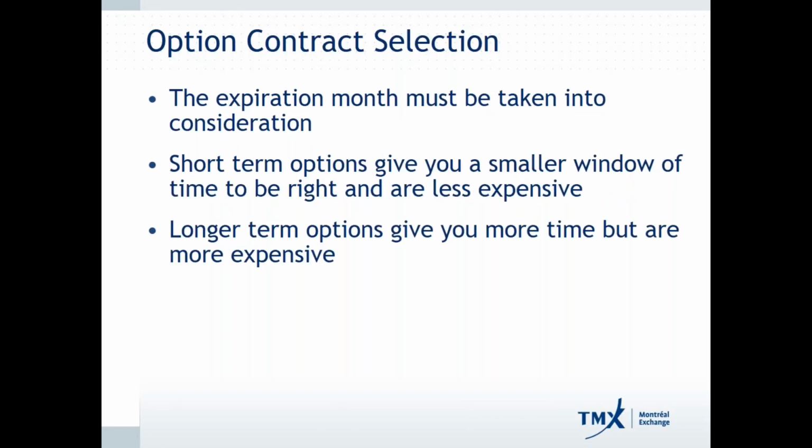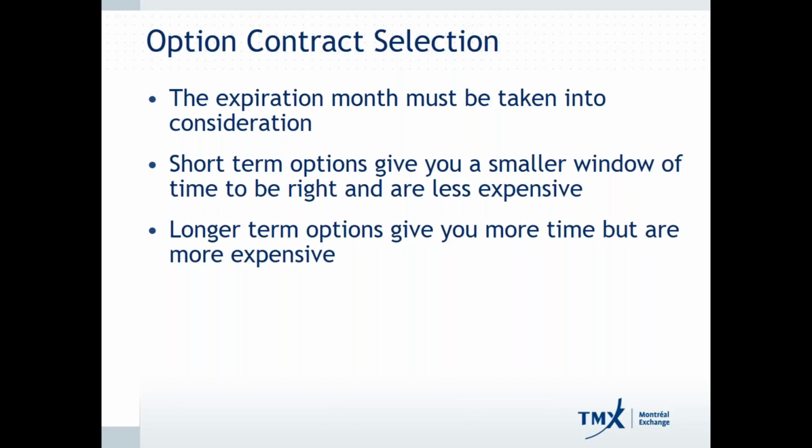So in terms of expiration month, we need to recognize that the same risks associated with buying an option as somebody utilizing an equity option or an ETF option apply to an index option. There is a specific expiration date. If the underlying security, in this case the index, has not moved sufficiently to accommodate the cost of the option, then it's going to expire worthless.